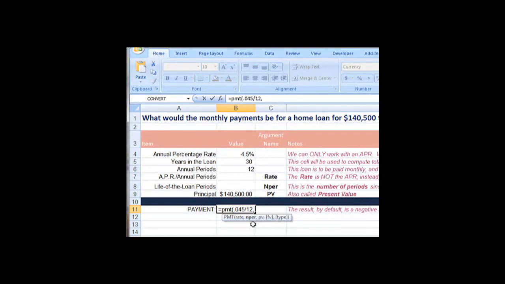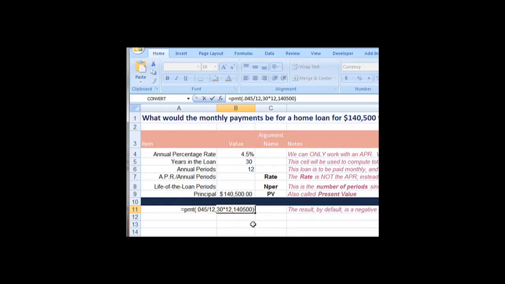Well, that's going to be 30 years times 12 months at a time. A comma again, and now we need the present value, 140500, making sure you don't type a comma in. If you put a comma in, the computer would think you're going to the next argument. And I need to close it with a close parenthesis.